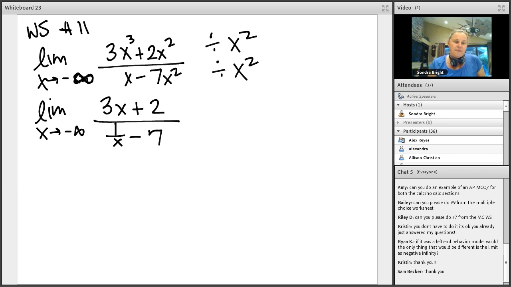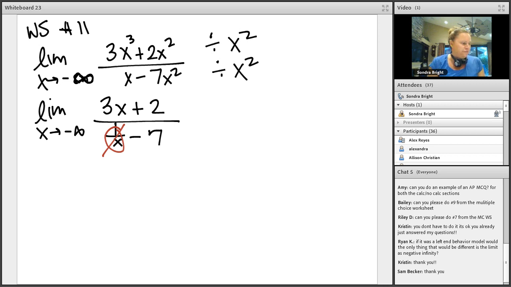What ends up happening is when you plug infinity into the x of 1 over x, this term zeroes out, because anything divided by infinity goes to zero, and then you've got that minus 7.